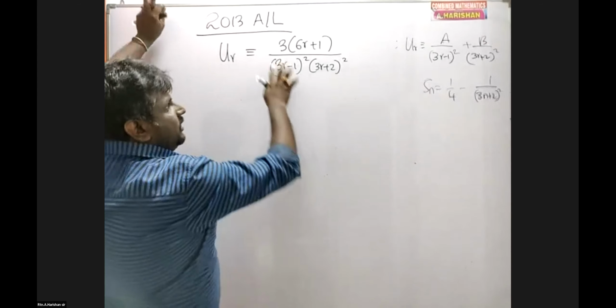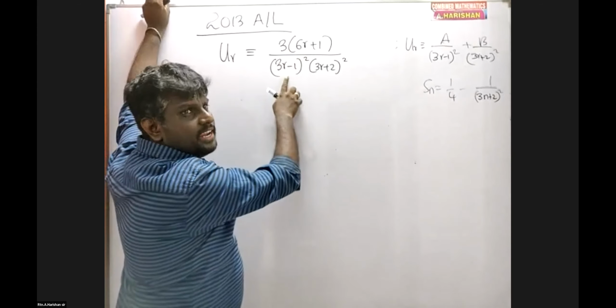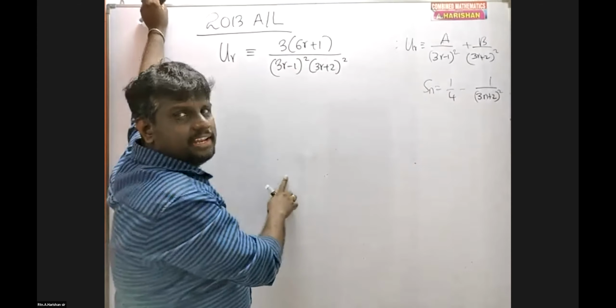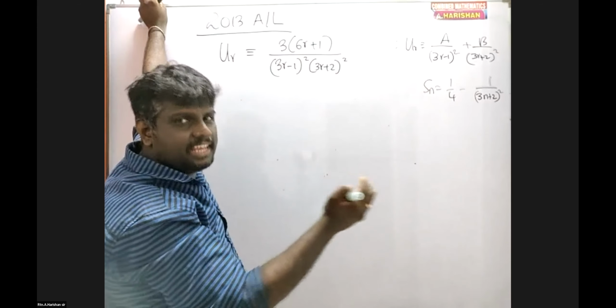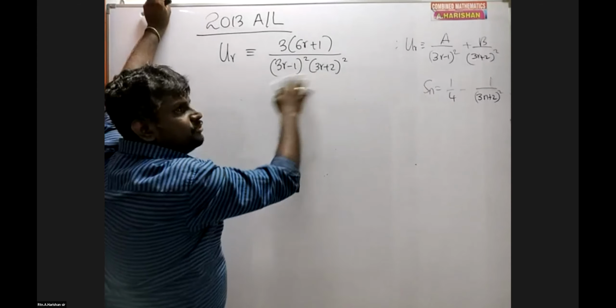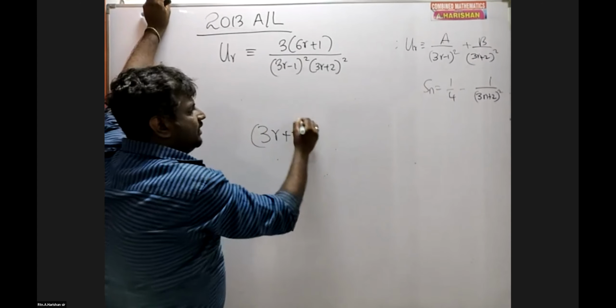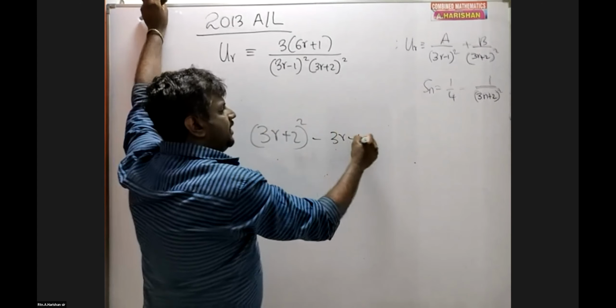As I told you, if you have anything like this, if the denominator has a square here and a square here, you always take a rough paper and check with the difference of these squares. This is (3r+2) squared minus (3r-1) squared.